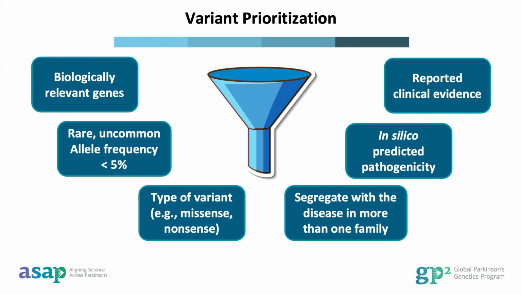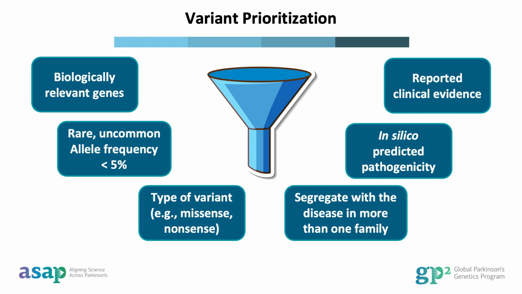When filtering for variants causing or contributing to disease, we typically think about variants that are located in genes biologically related to the phenotype of interest, have a very low allele frequency in the general population, usually below 5%, or in other words, are rare variants, change the structure or function of the resulting protein, such as nonsense, missense, frameshift, and those located in the splicing sites, among others, are predicted to be damaging or deleterious according to in silico predictors or functional studies, are variants previously reported to be associated or within a gene where other variants have been previously linked to our disease of interest.